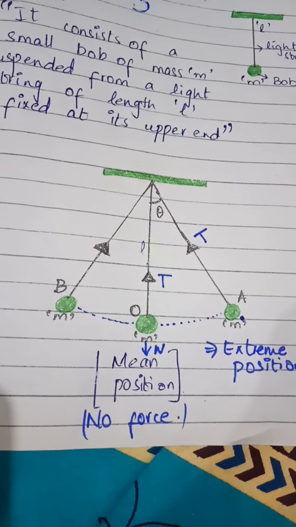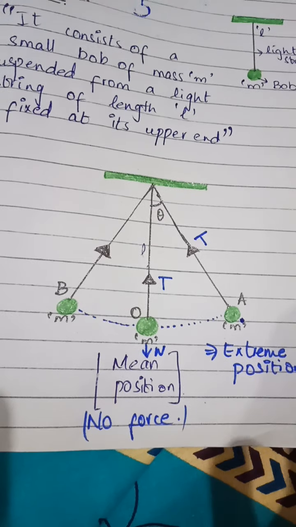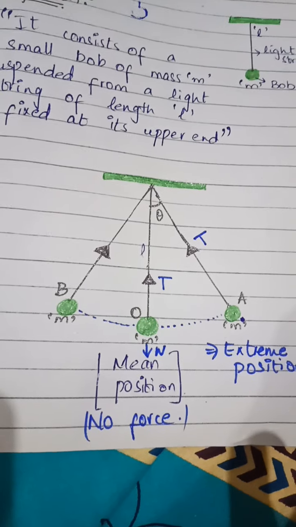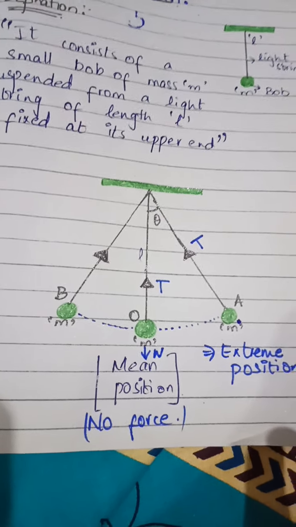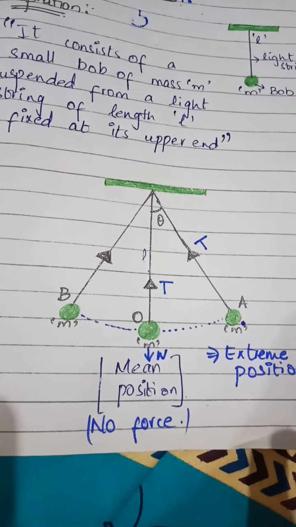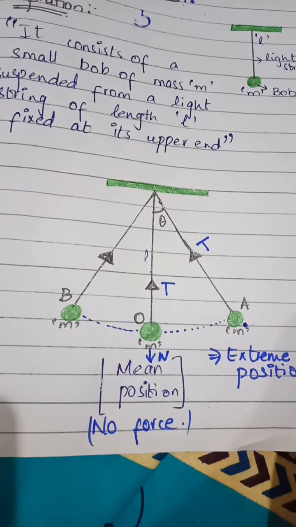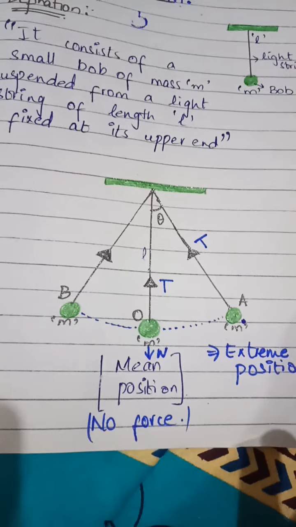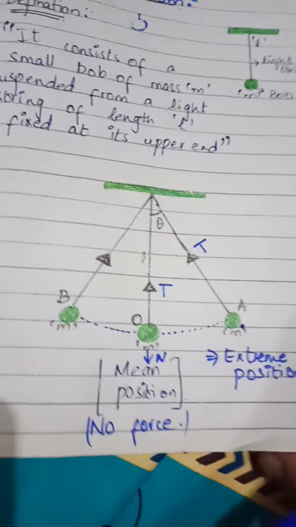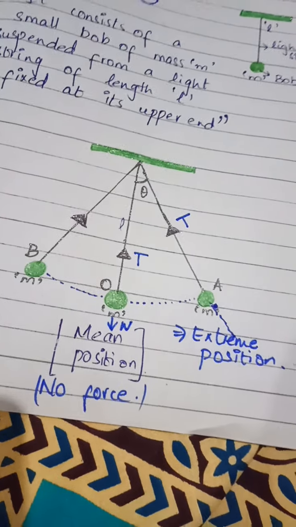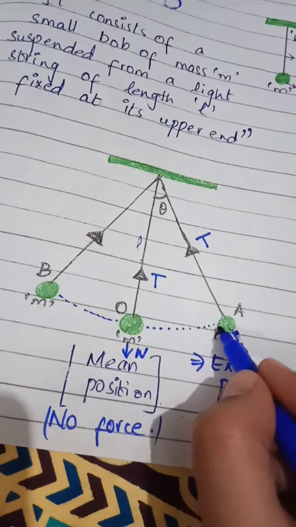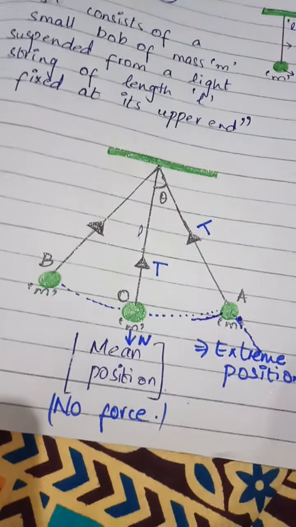The weight is resolved into its two components, as we have discussed in the fourth chapter of the 9th class book, that a vector can be resolved into its perpendicular components. Here the weight is resolved into two components, one acting along this side and the other acting along this side. Let me use another one.